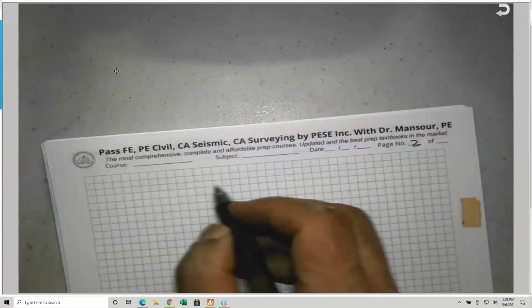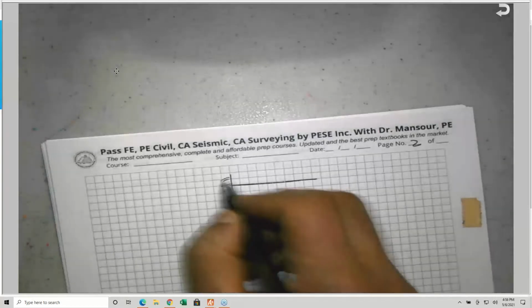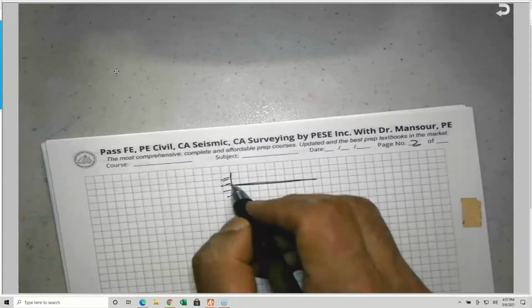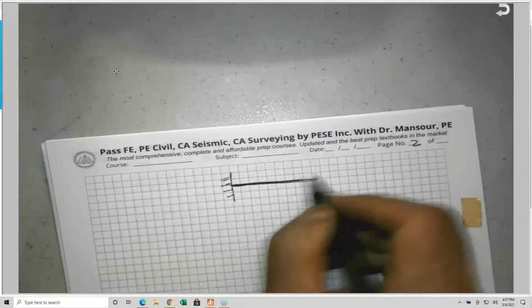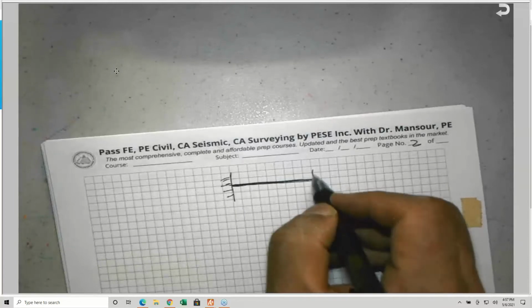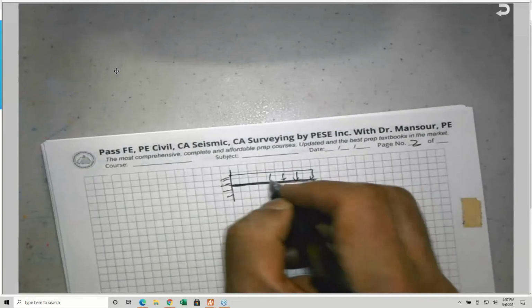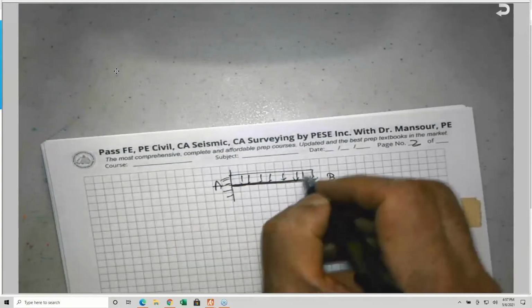So if you have a cantilever beam like this, let's assume that this cantilever beam has a load, whatever the load is, a distributed load, and this is A and this is B and this is w.